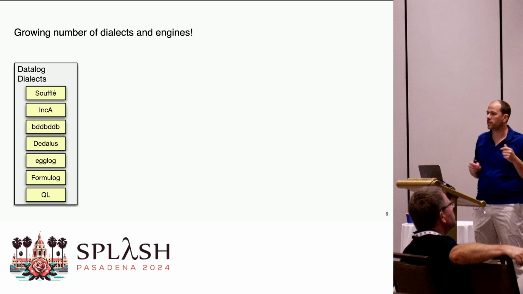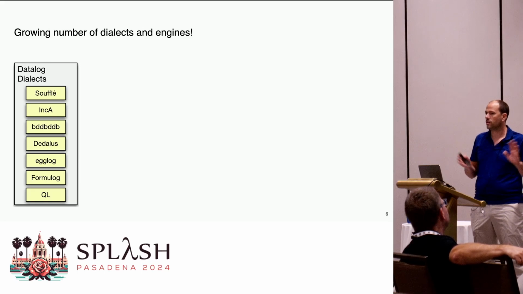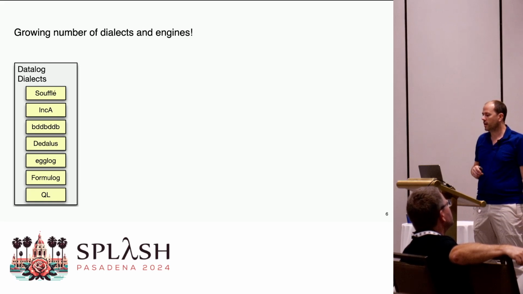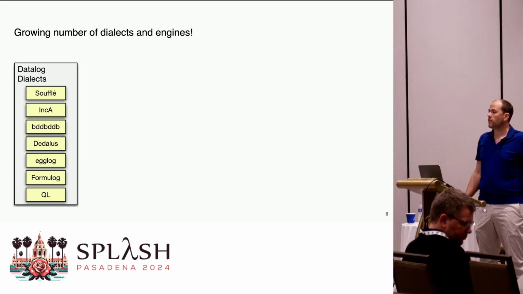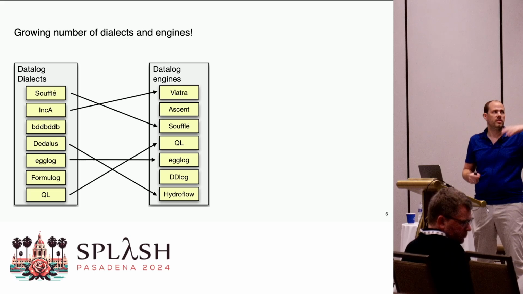Inca is one that we are developing. Then there are some older ones like BDDBDDB, Datalog, Aglog, Formlog. We will hear more about Formlog today, QL, and so on. Traditionally, all of these Datalog dialects also come with an engine, right? So you have different Datalog engines, and there's a one-to-one mapping between the dialect and the engine.